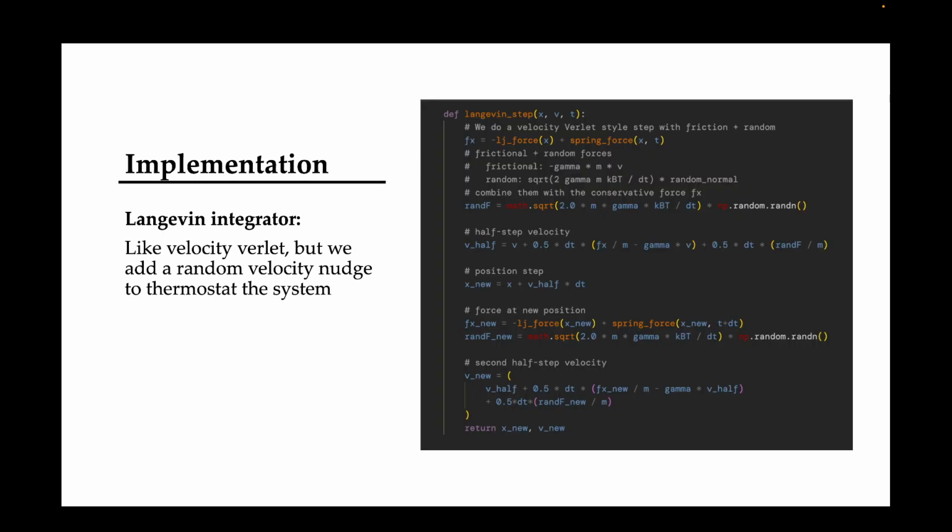So the first part of this is actually coming up with a Langevin integrator, and it's really similar to the velocity Verlet that we did this semester. But we're going to add essentially a random, here I called it a velocity nudge, but it's a random force nudge, right? That is scaled to the temperature of the system and the time step.